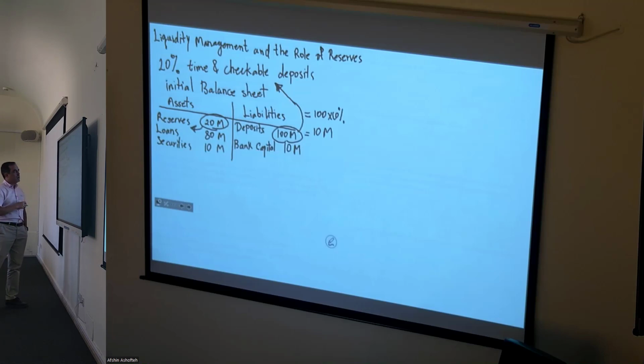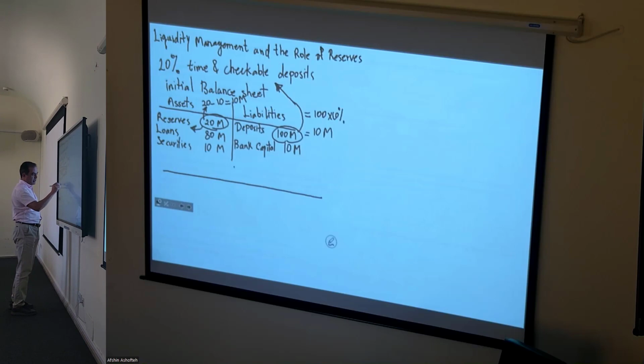So 20 minus 10. And if a deposit outflow of 10 million occurs, the bank's balance sheet becomes like this.